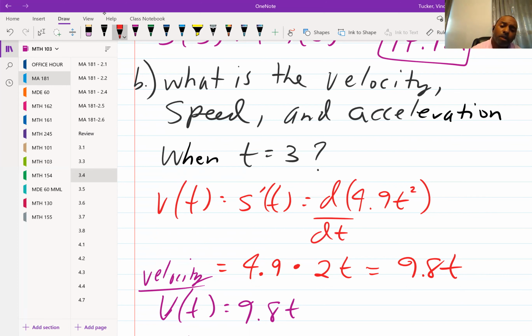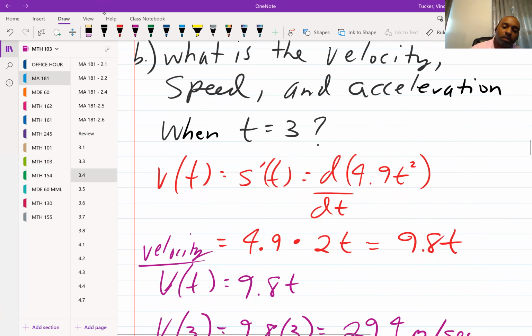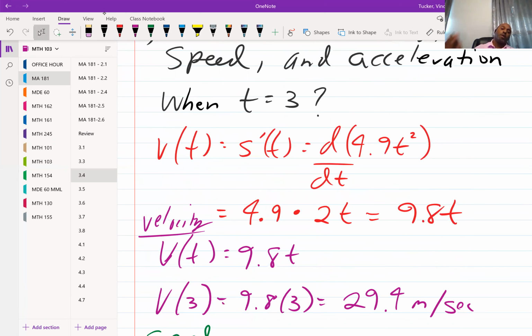So it's just 2t. And then 4.9 times 2t is 9.8t. I left off the t. So 9.8t is the velocity. Plug in 3. That's 9.8 times 3, which is 29.4 meters per second. All right, any problems with that?